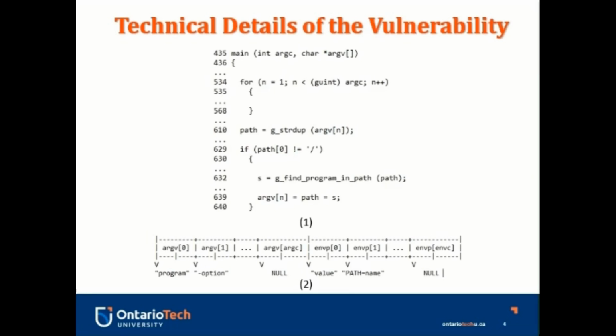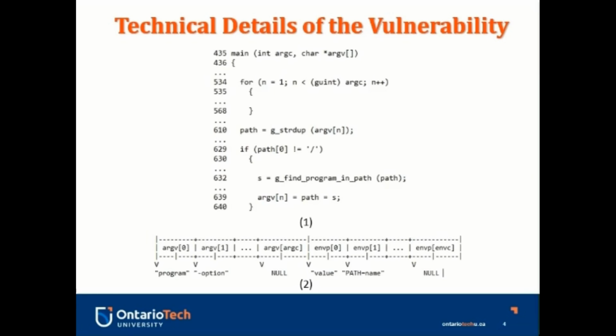Because the argv and envp pointers are contiguous in memory, if argc is 0, then out-of-bounds argv[1] is actually envp[0], the pointer to our first environment variable value. At line 610, the path of the program to be executed is read out of bounds from argv[1], that is envp[0], and points to value.